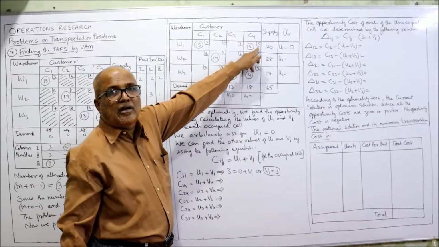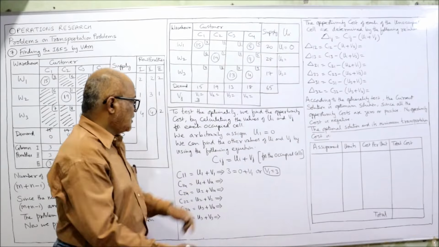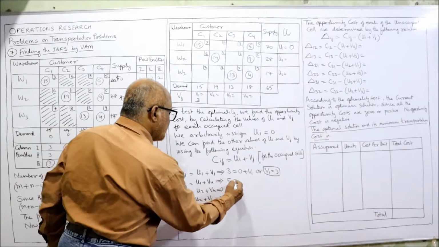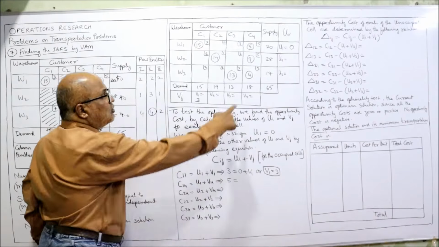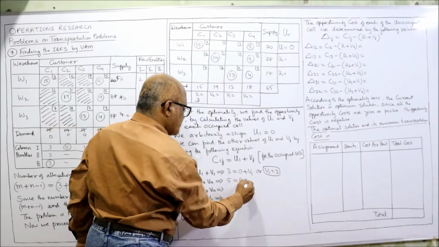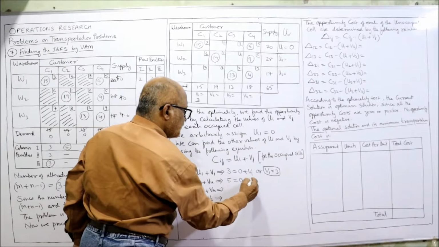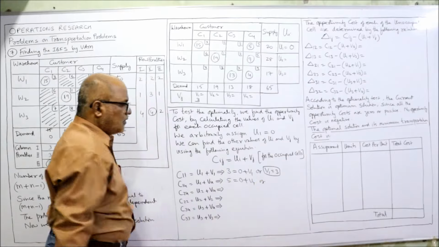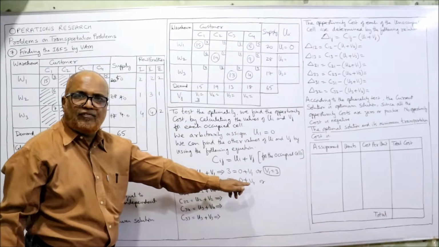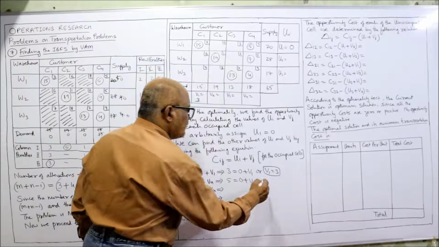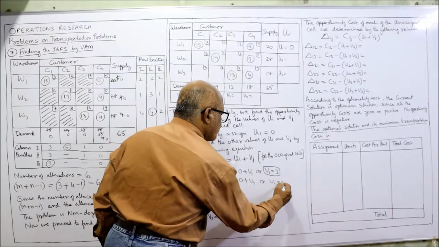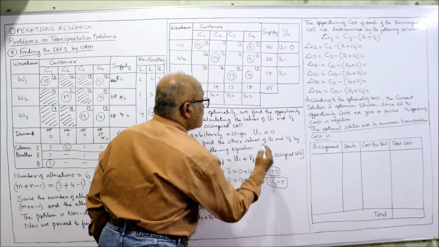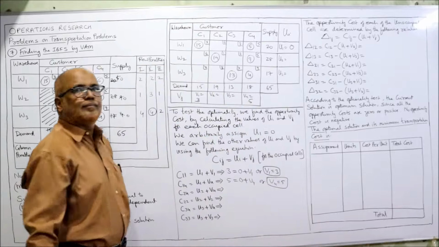The cost is 5 rupees. So 5 is equal to U1, which is 0, plus V4. So V4 is equal to 5. Two values we got.